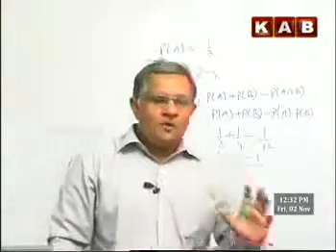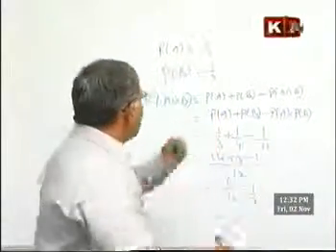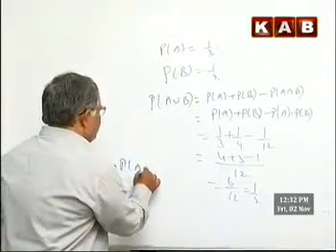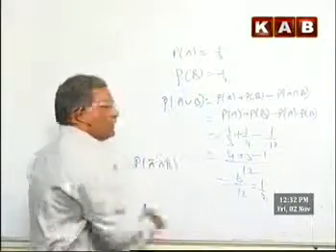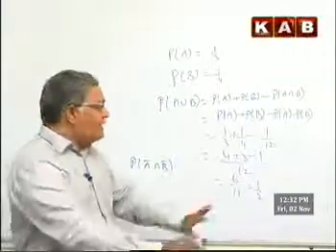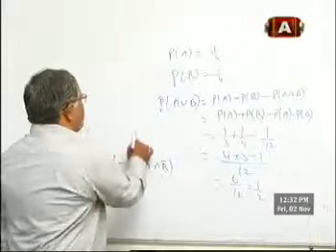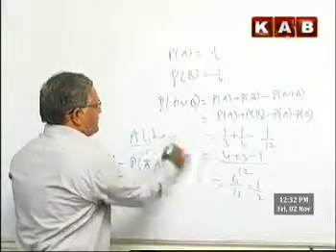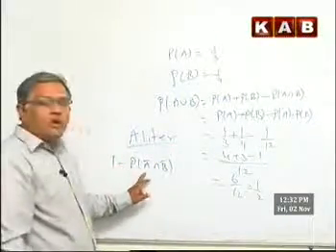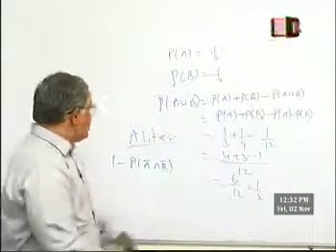Now, the same problem can be attempted differently. How differently? You want the problem to be solved, no? So, you write neither solving the problem. 1 minus probability of neither solving the problem. This is another method. 1 minus probability of A bar intersection B bar.